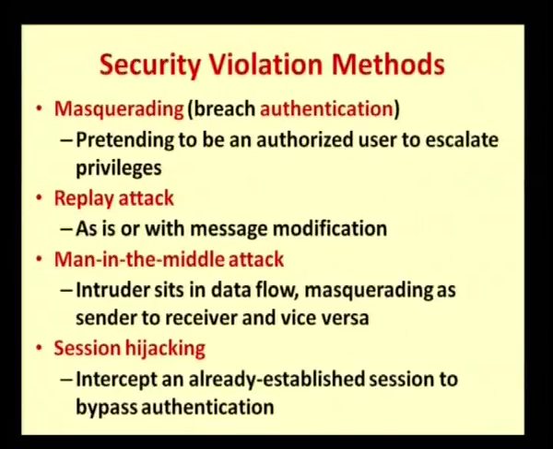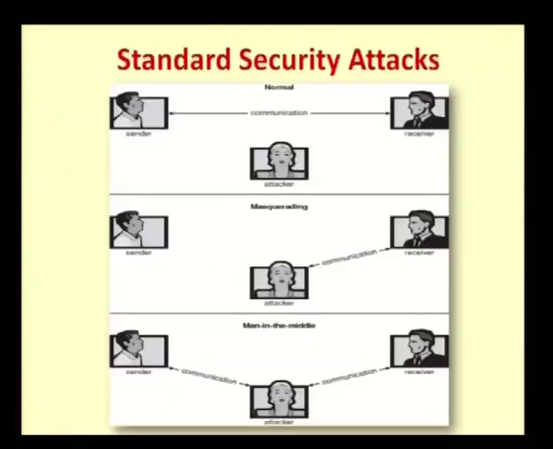Now, let us see a diagrammatic view of how the intruder works, how the intruder sits and hijacks all the messages. Here, the sender sends a communication and the receiver receives it. The receiver sends a communication and the sender receives it. The attacker is viewing.